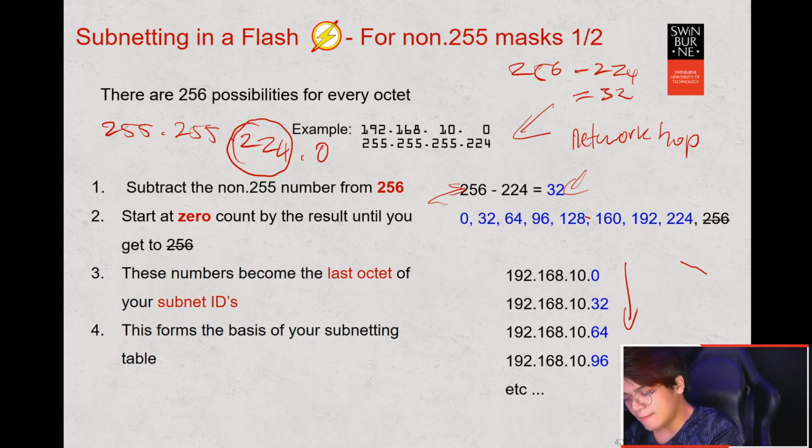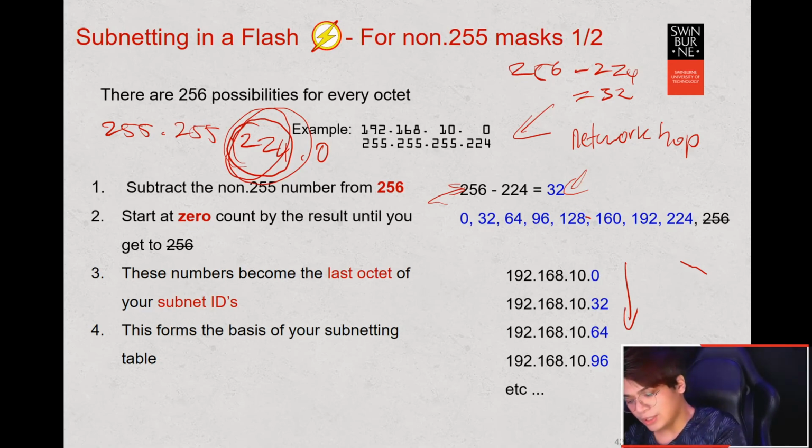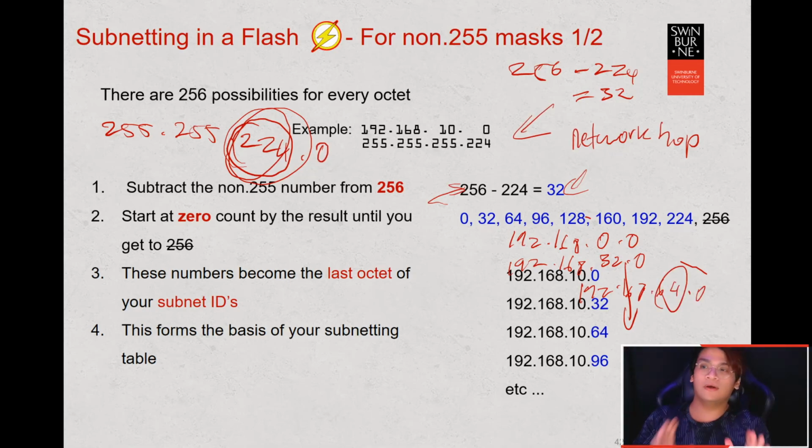But the subnet mask shows that it is at the third octet. So it goes like this: 192.168.0.0, 192.168.32.0, 192.168.64.0. It happens in the third octet. That's another technique that you can use to do subnetting.